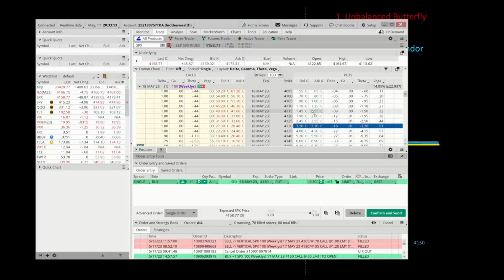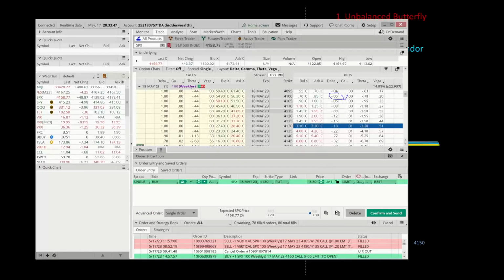But what if 4,100, you see here, $4,100 has a delta of 5. As you get closer to like 2 deltas, that put's not even going to be worth anything. So why sell it? Okay? You're going to have to play.